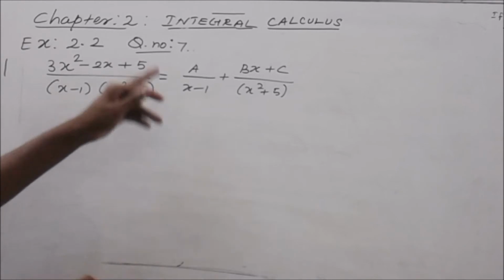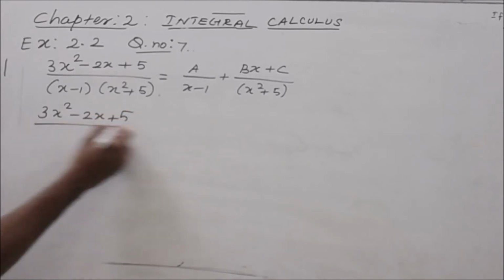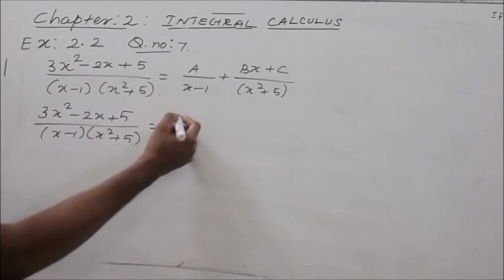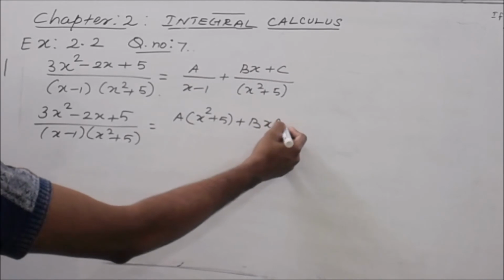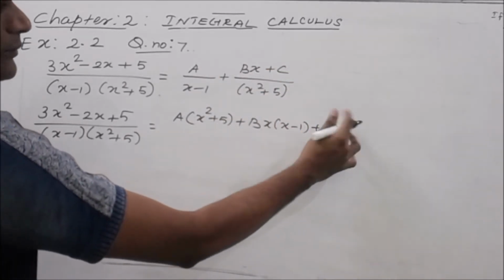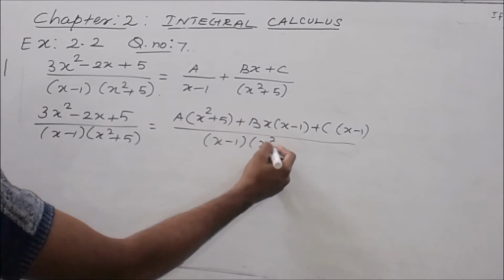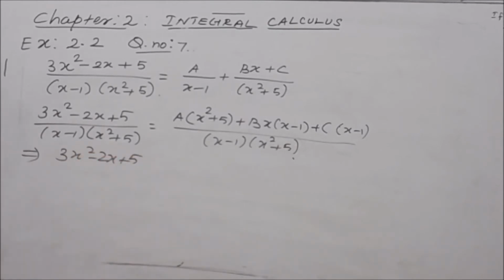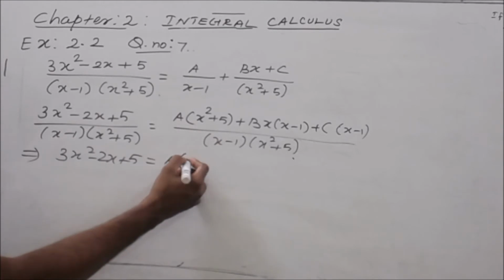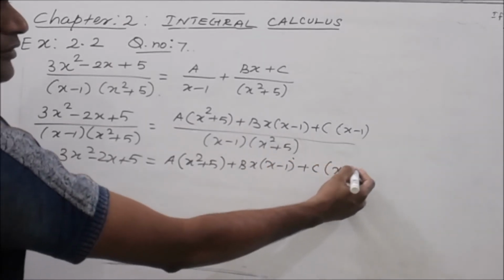Here, just taking the LCM, (3x² − 2x + 5) / ((x − 1)(x² + 5)) will be equal to [a(x² + 5) + bx(x − 1) + c(x − 1)] / ((x − 1)(x² + 5)), which implies 3x² − 2x + 5 = a(x² + 5) + bx(x − 1) + c(x − 1).